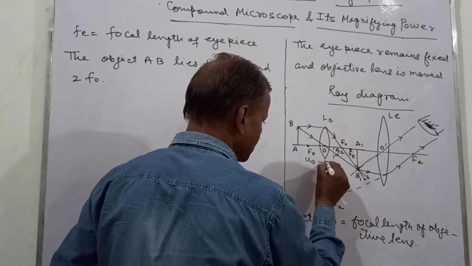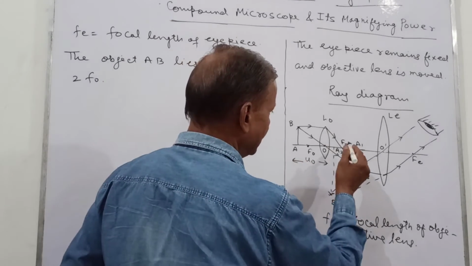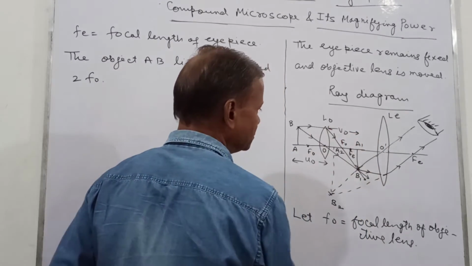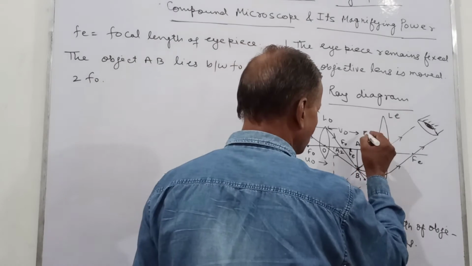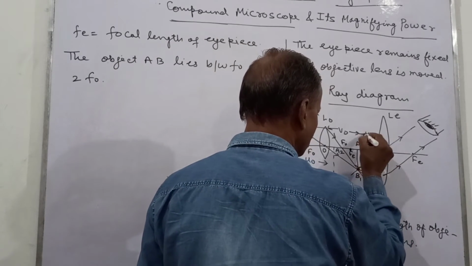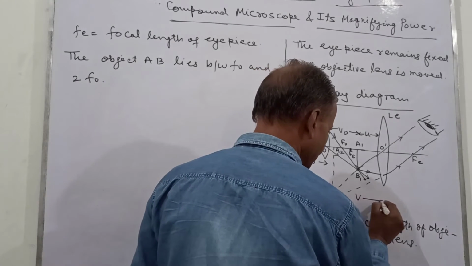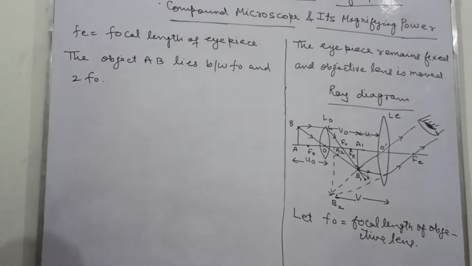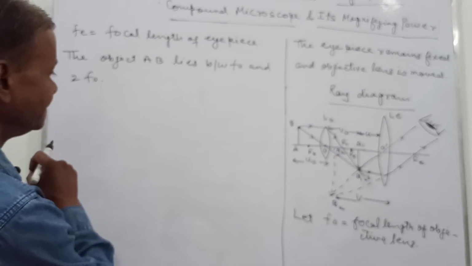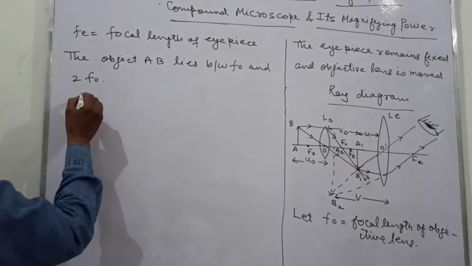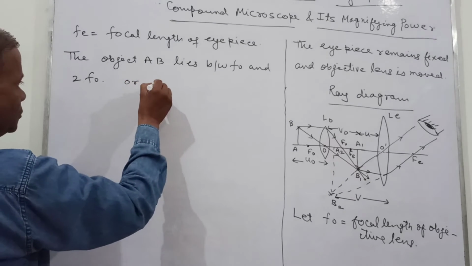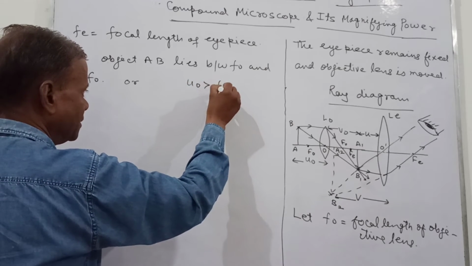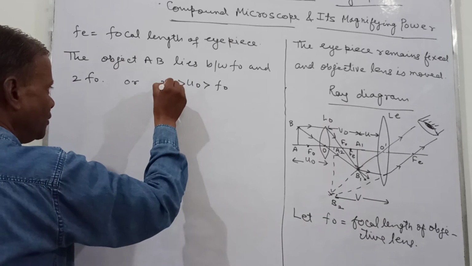This distance is U naught, and this distance is V naught. This is U, and this is now V. So now this is clear that this U naught is greater than F naught but less than 2F naught.